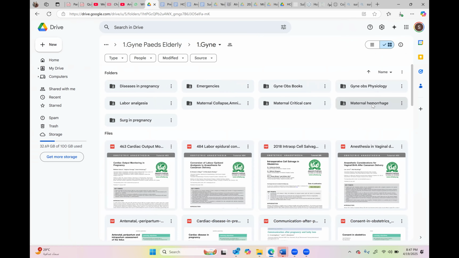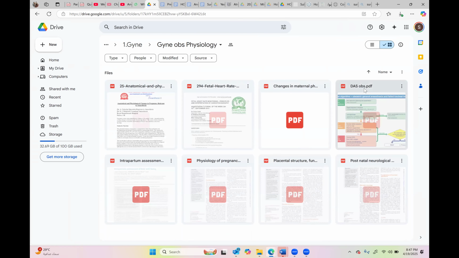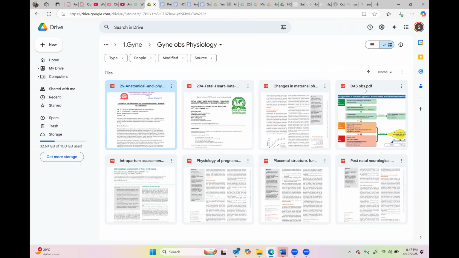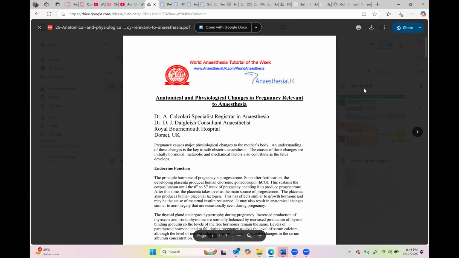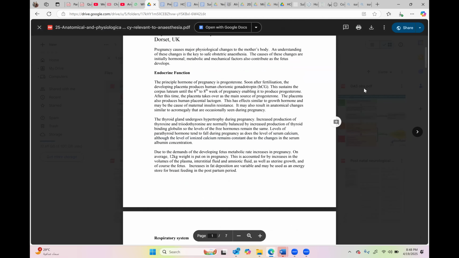What else? We have to give DVT prophylaxis. Anything else comes to your mind? Are you here, Zishan? Yes, Zishan, can you hear me?